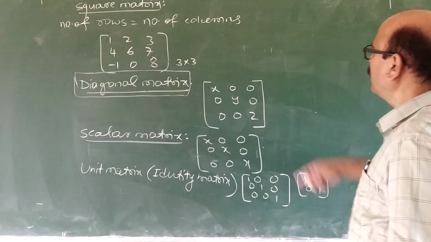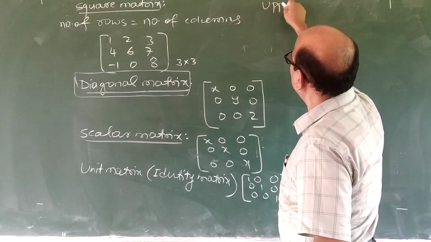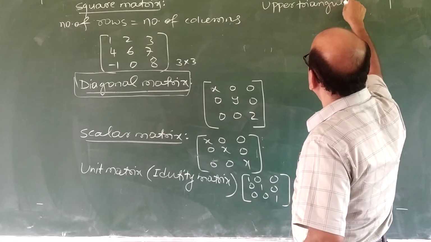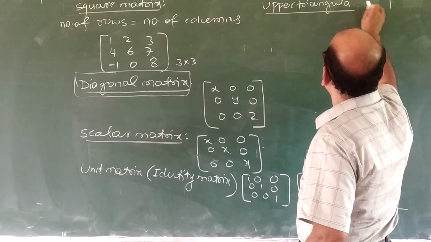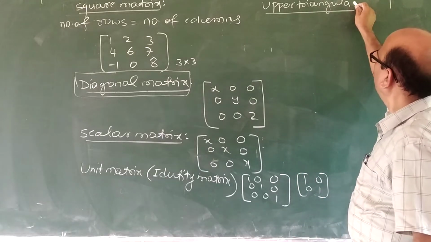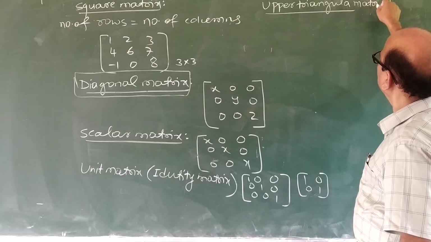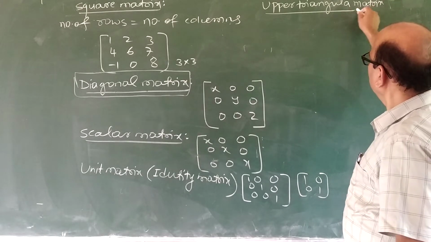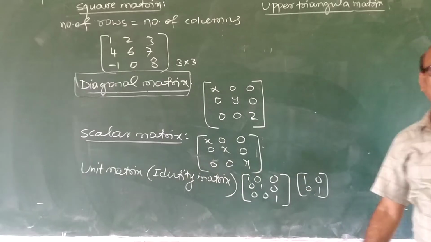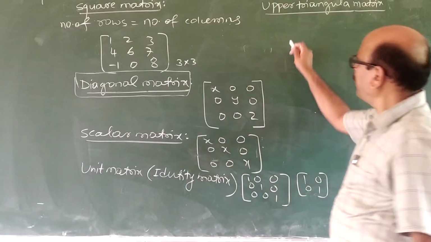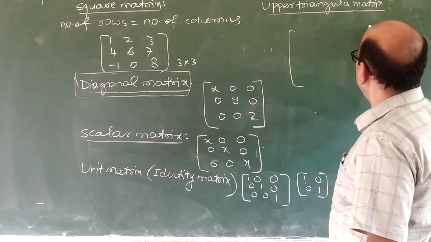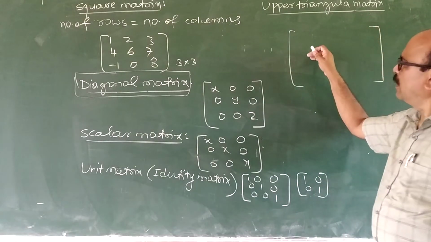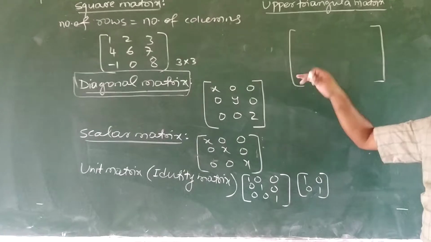After this, the upper triangular matrix. Upper triangular means in a square matrix, all the elements below the principal diagonal are zeros.